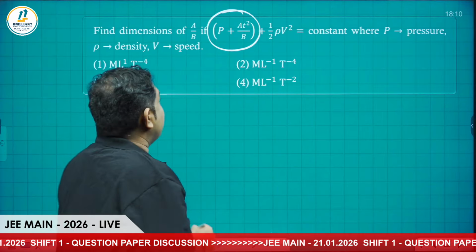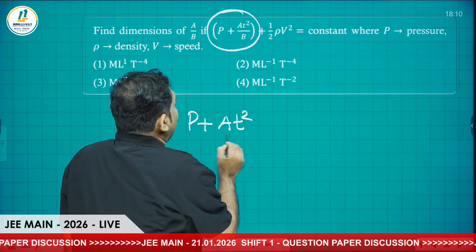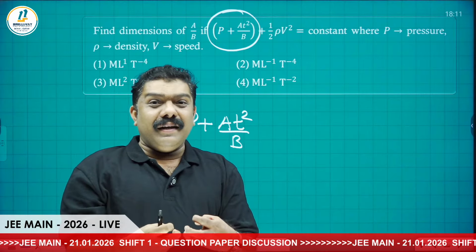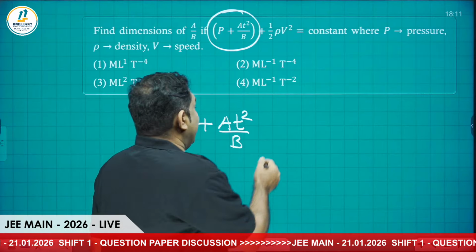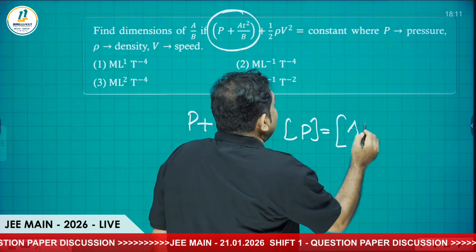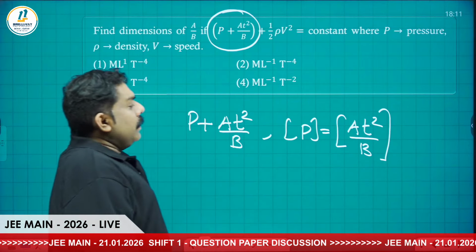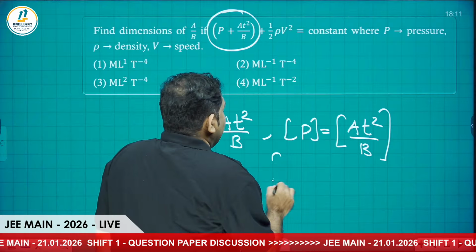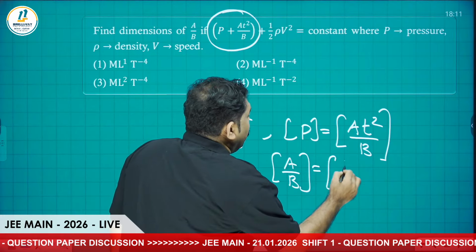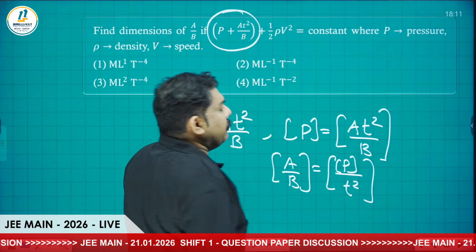So what is the homogeneity principle here? Look, P plus AT square by B. We know when we are adding two physical quantities, the dimensions should be the same. So I can say the dimension of P is equal to the dimension of AT square by B. Now from this we can find the dimension of A by B. So the dimension of A by B is the dimension of P divided by the dimension of T square.